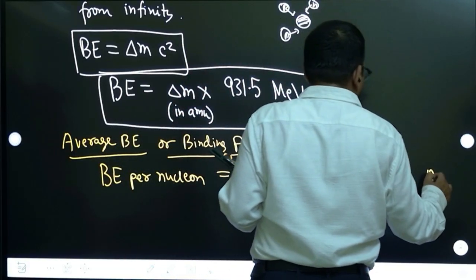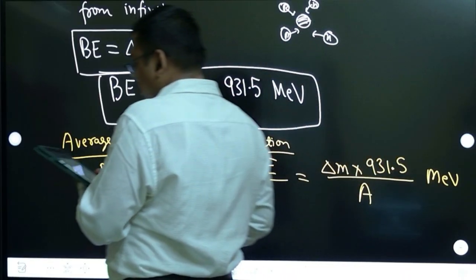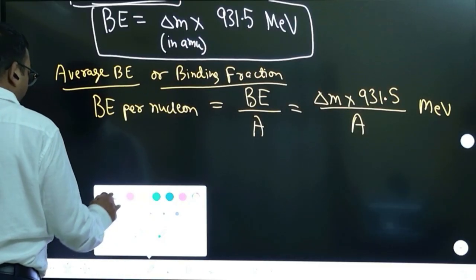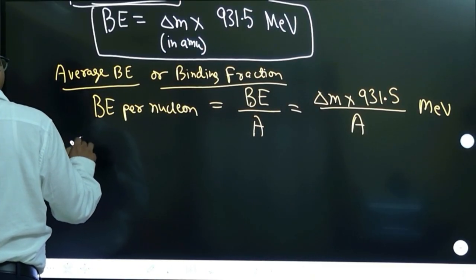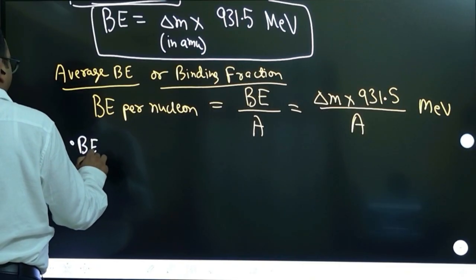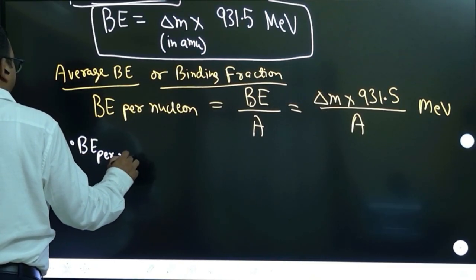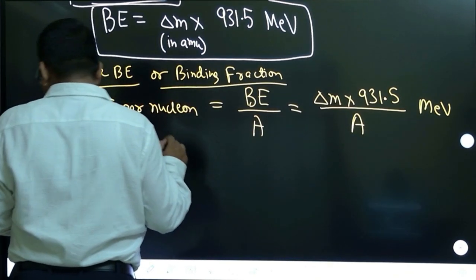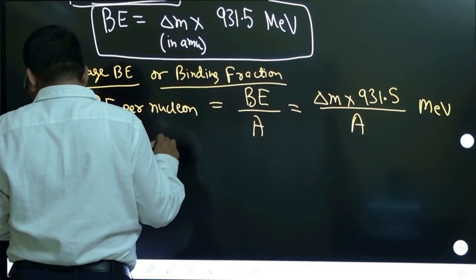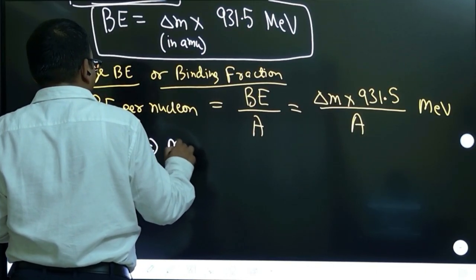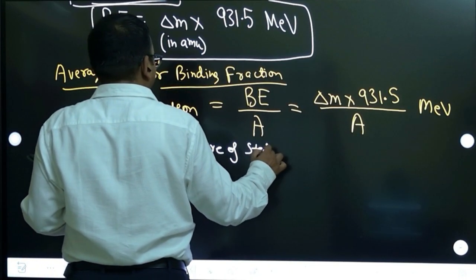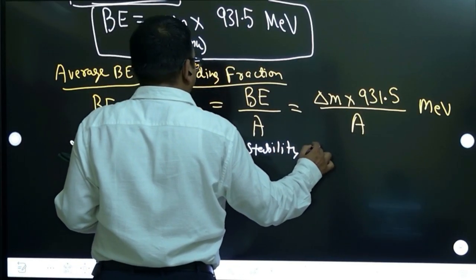This binding energy per nucleon, or average binding energy, gives a measure of stability of the nucleus.